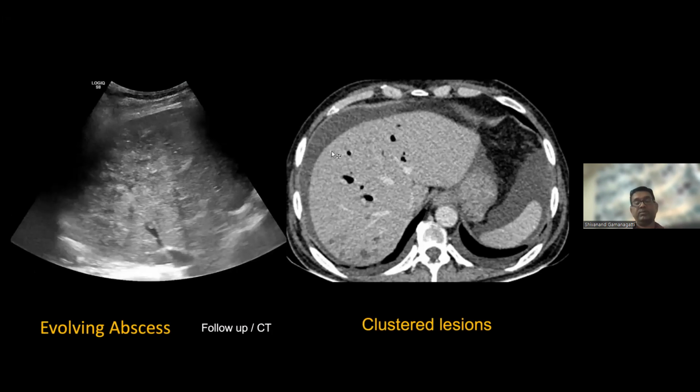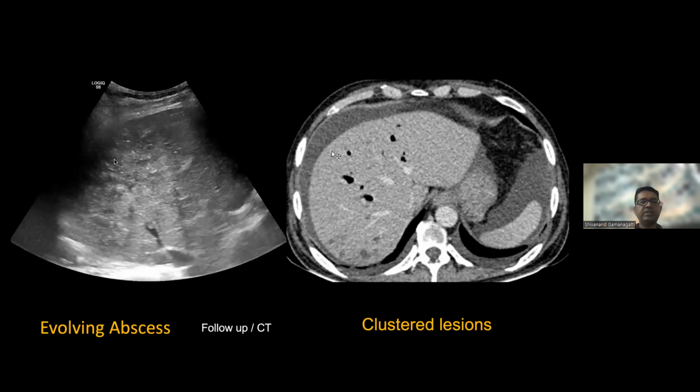Now comes the problem. If the patient has come in at an early stage, it is not completely evolved into an abscess. It is still in the early stage, like an evolving abscess. It poses a diagnostic problem. But the clinical picture is such that the patient is in sepsis, is having right hypochondrial pain, and the liver shows an echogenic area, ill-defined.